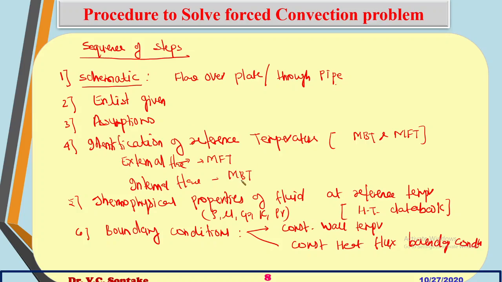For internal flow, mean bulk temperature is taken as reference temperature, unless otherwise mentioned. Step number 5, find out the thermophysical properties of the fluid at this reference temperature from the heat transfer data book. Step number 6, identify the boundary conditions, whether it is constant wall temperature or constant heat flux boundary condition.